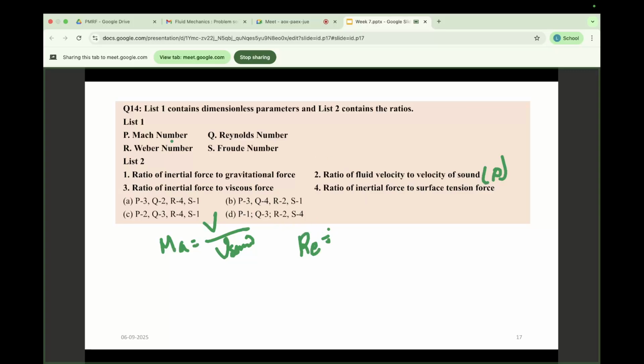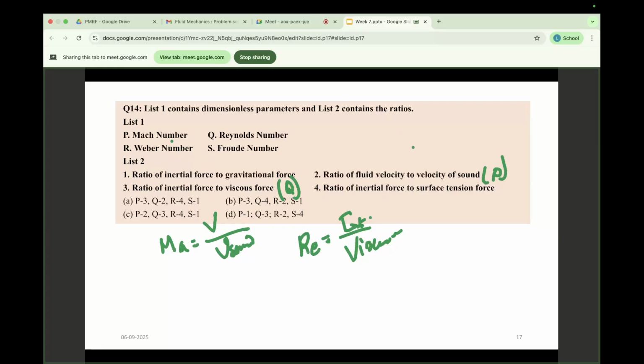And next is the Reynolds number. What is the purpose of the Reynolds number? Basically, it is inertia by viscosity. So inertia by viscosity is which one? This one. So this is Q. Next is the Weber number.